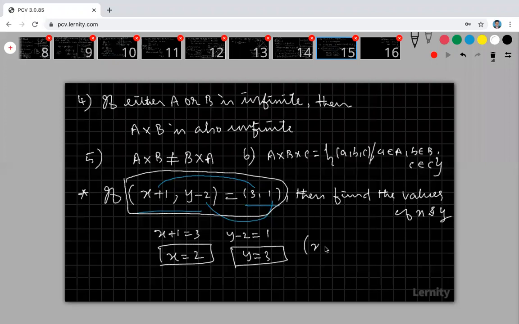I may give it like this: (x plus 1/2, y minus 1/3) equal to (7, 10). Find x and y. Is it possible to do this problem? This is the NCERT problem, Murthy: (x plus 1, y minus 2) is equal to (3, 1). I may give the problem like that. Find x, y. That's all. This is an outside-NCERT problem.